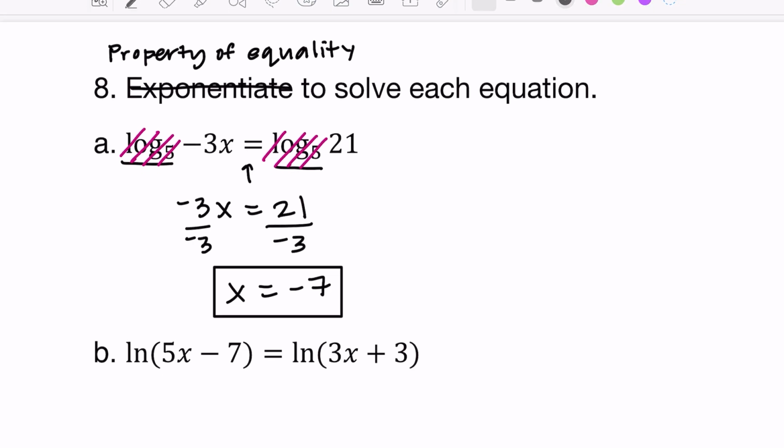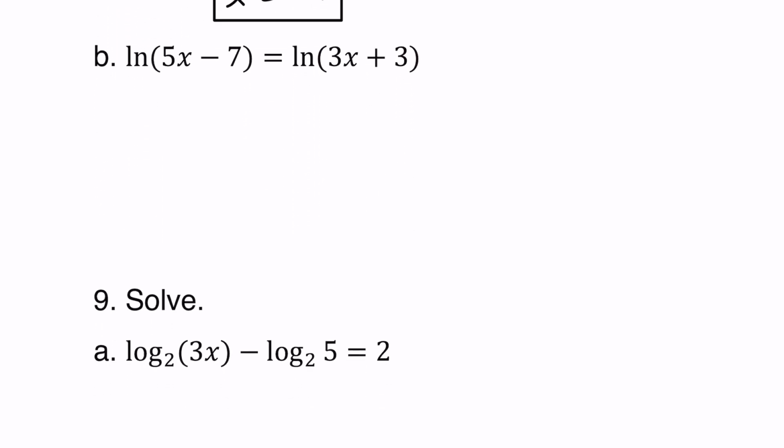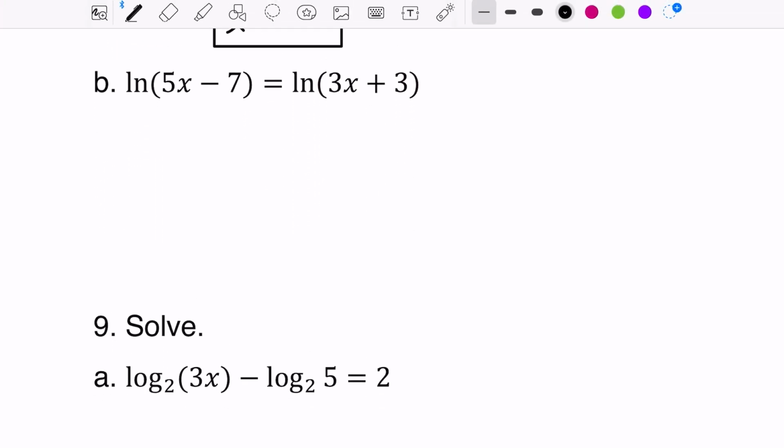Okay, then we move on to the next one. And again, you could exponentiate these with base e, but because both of these have that natural log there and the equal sign in between them, we can just say because these are both the same natural log with the same base, then we can conclude that if we get their arguments to be equal, then the whole statement will be equal.